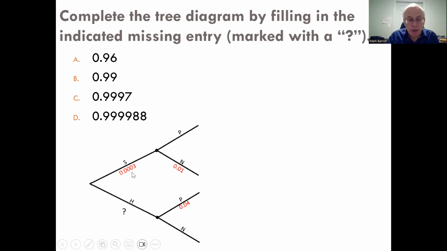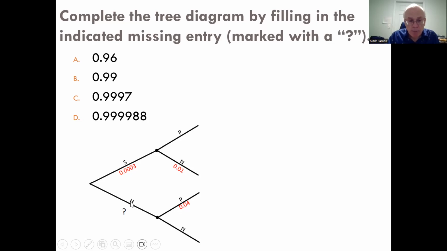Now down here, you can also fill out all the other probabilities. For example, H is the probability in the population that you don't have this disease, and it's just 1 minus 0.0003, which is 0.9997. And then down here, this is the probability that you have a negative result in your diagnostic test, given that you don't have the disease. Simply 1 minus 0.04, which is 0.96.